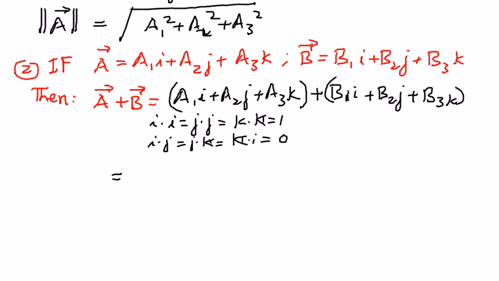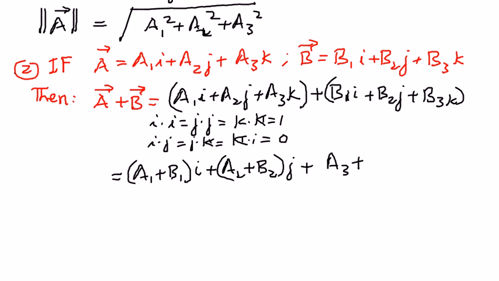This is going to equal (a1 plus b1)i plus (a2 plus b2)j plus (a3 plus b3)k, and then the rest of the elements will drop out because the i dot j or j dot k or k dot i are going to go to 0.